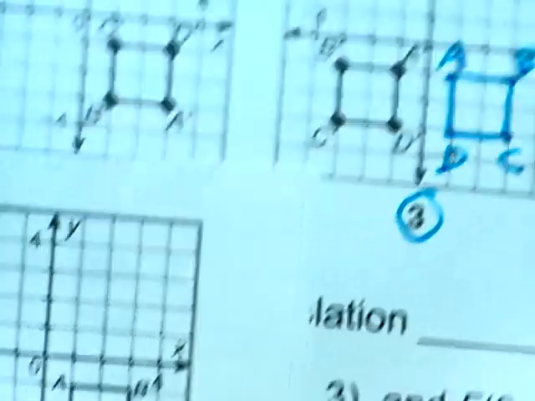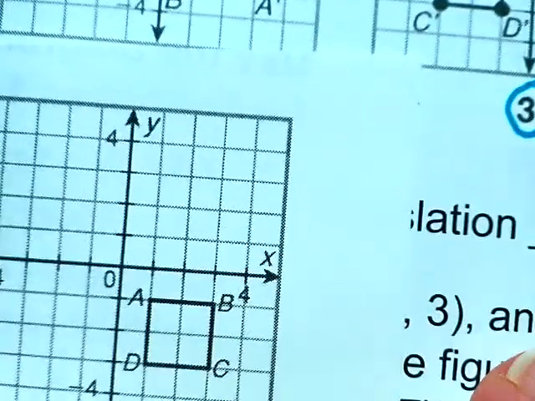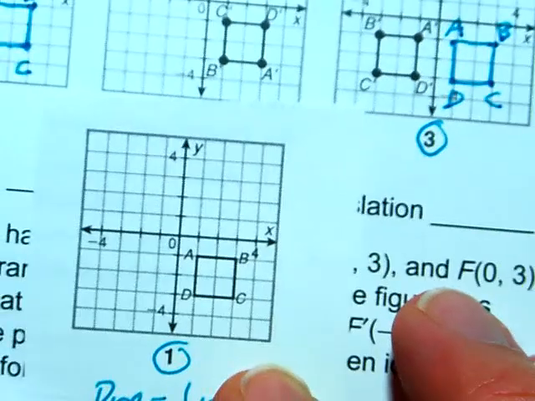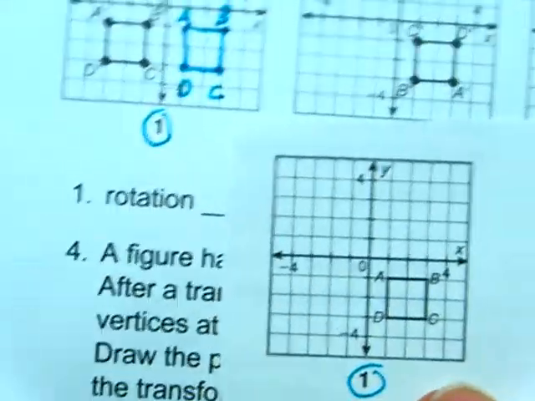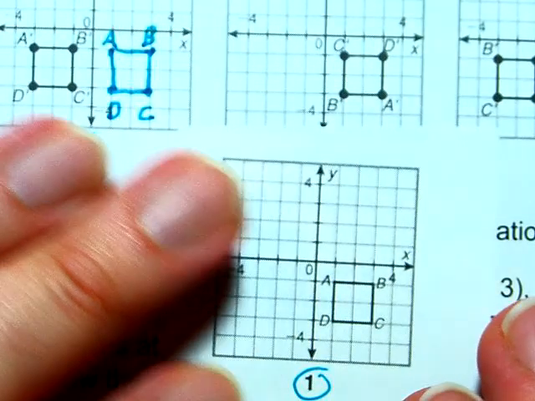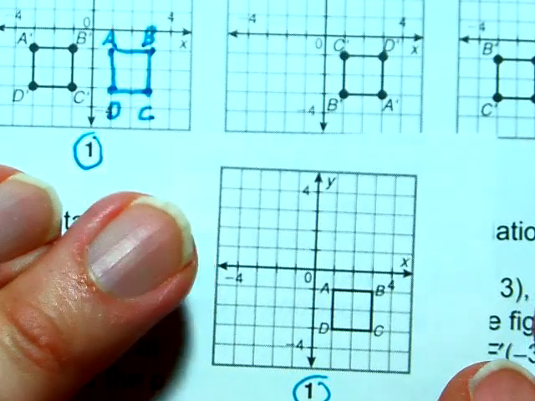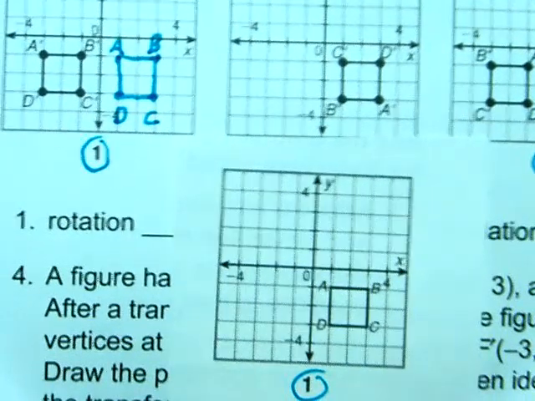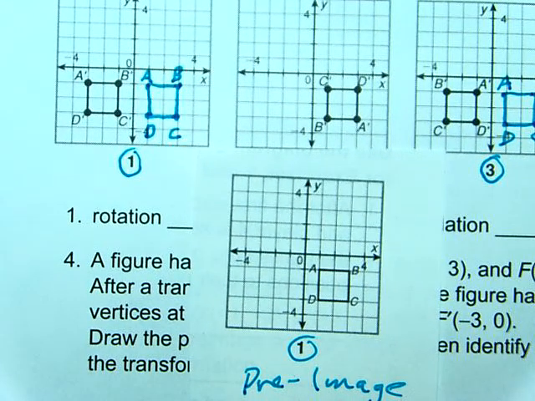Okay, so let's compare them top to bottom, and let's see what's happening. Okay, so we had our, get this just lined up. Okay. So obviously there's no translation, right? It hasn't actually moved anywhere, so we couldn't have translation.